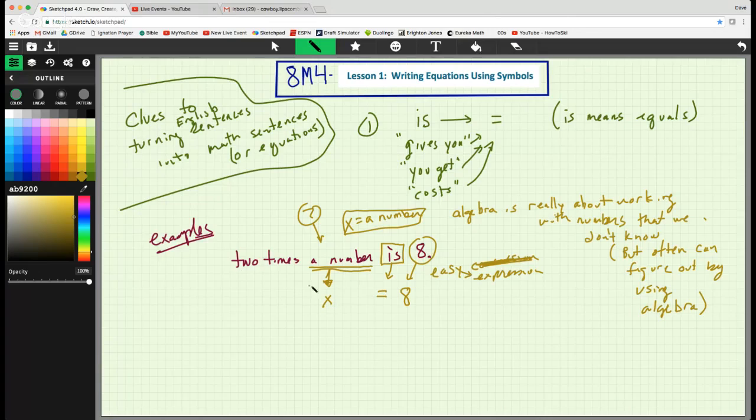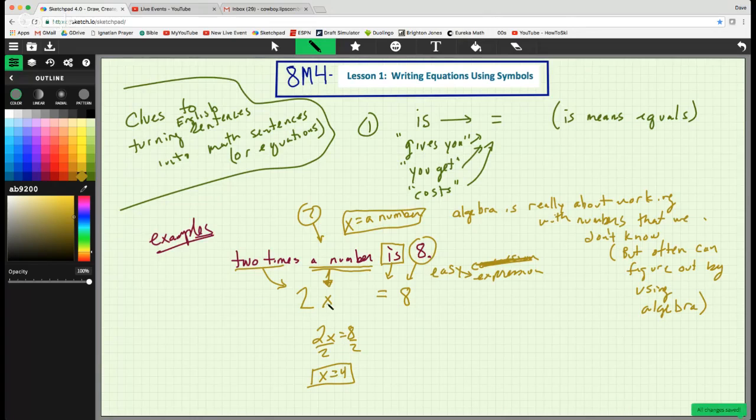And 2 times a number is, if a number is x, then 2 times a number is 2x. So there's our 2 times a number. So our equation is 2x equals 8. So if 2x equals 8, we can now solve that using algebraic methods, and we can divide by 2, and we can get x equals 4.